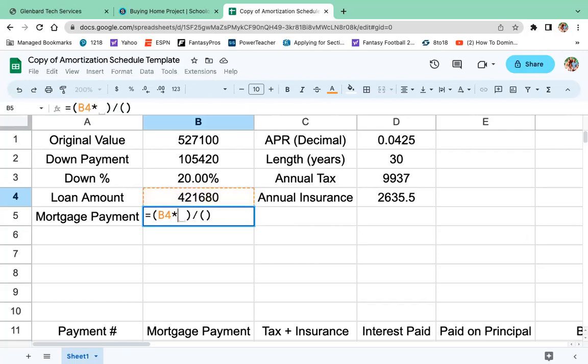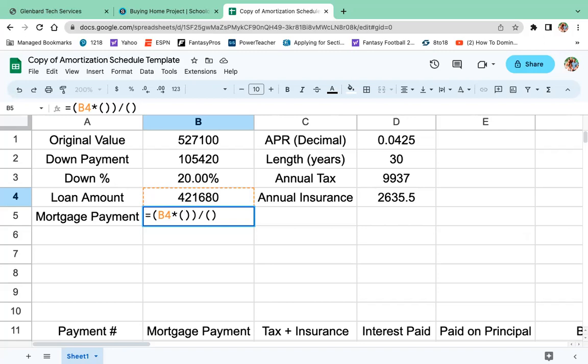It actually helps if you put in a times symbol before the next set of parentheses. Spreadsheets don't always understand that if I put 3 next to parentheses, it means multiply. So if I put that multiply symbol in there, it helps.